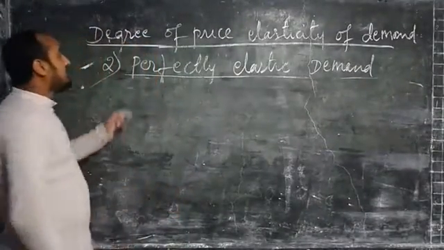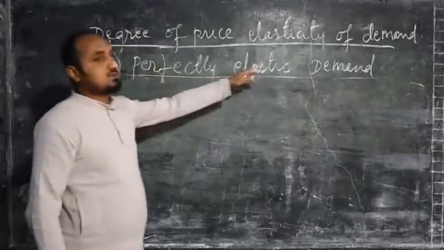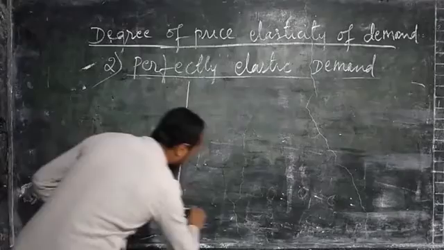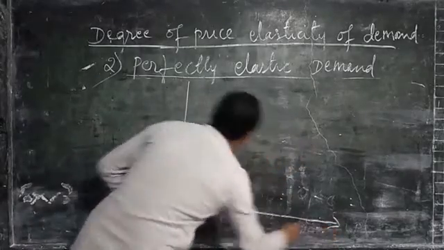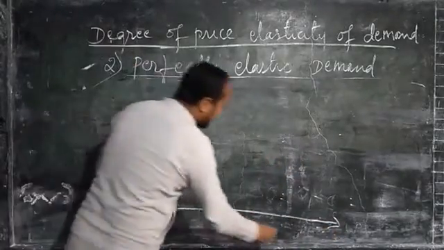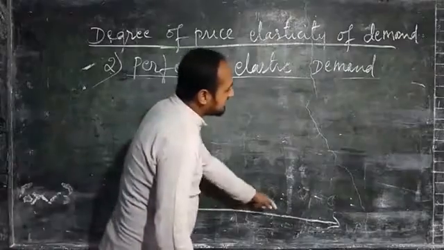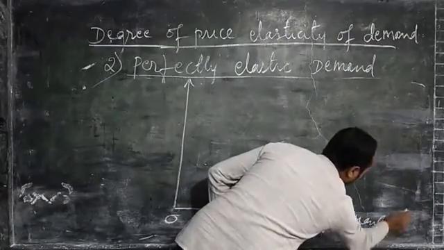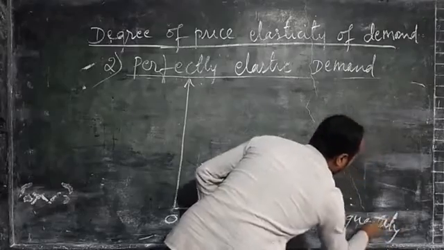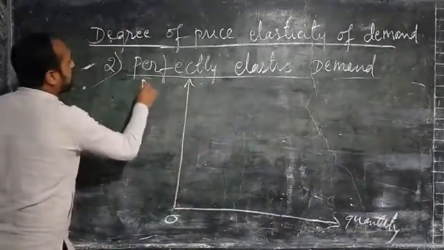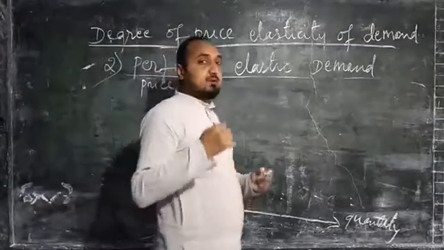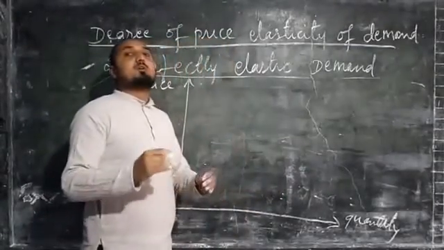Now I am going to explain the concept of perfectly elastic demand with the help of a diagram. Again we will draw two axes, that is the x-axis and the y-axis. On the x-axis we are going to measure quantity, and on the y-axis we are going to measure the price. The definition itself says that the price of the commodity remains the same.